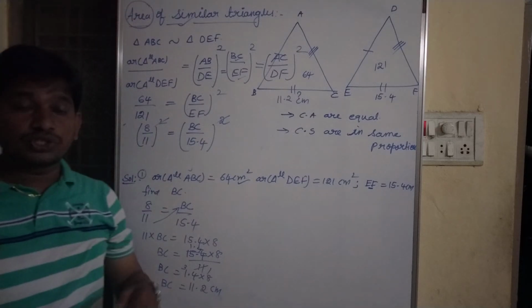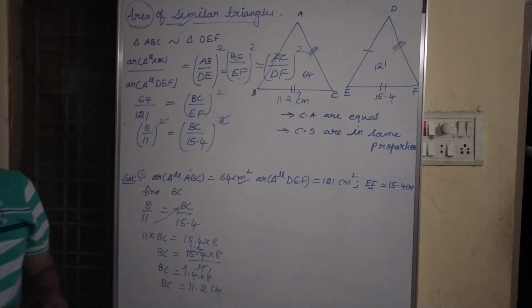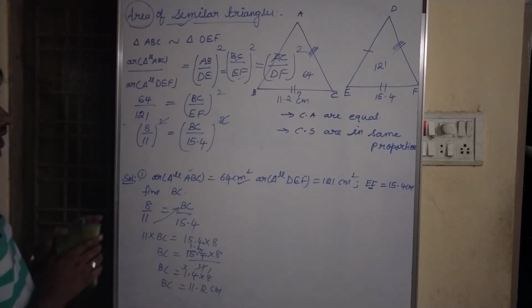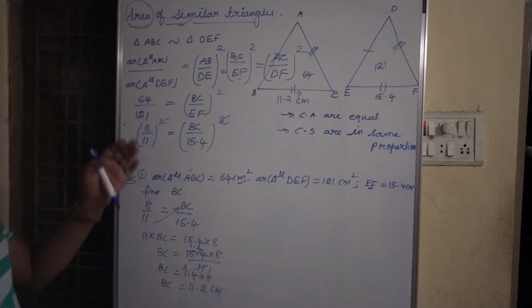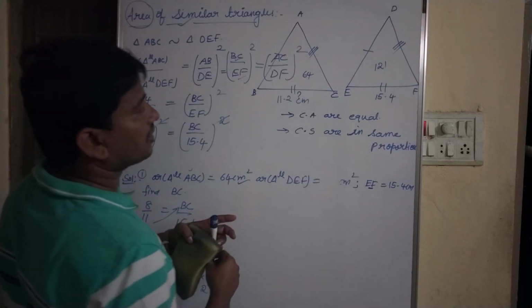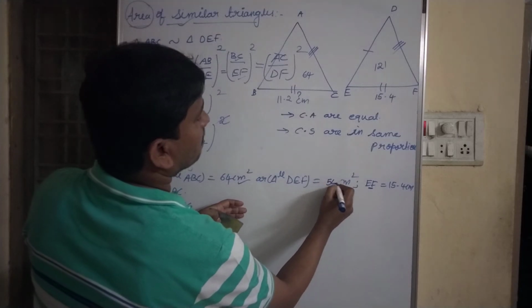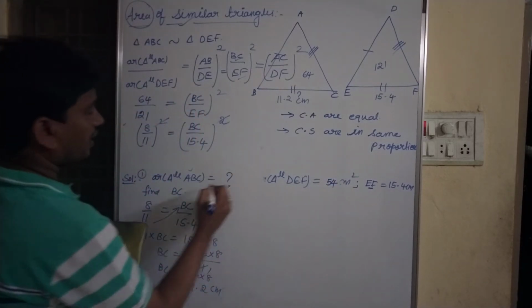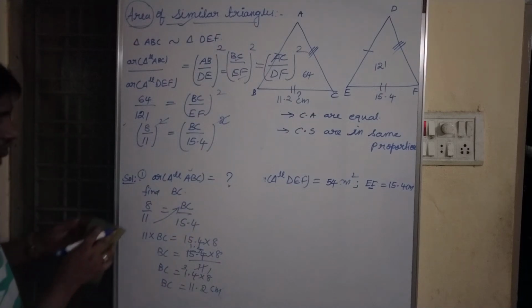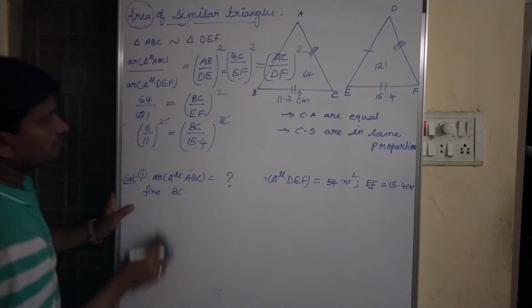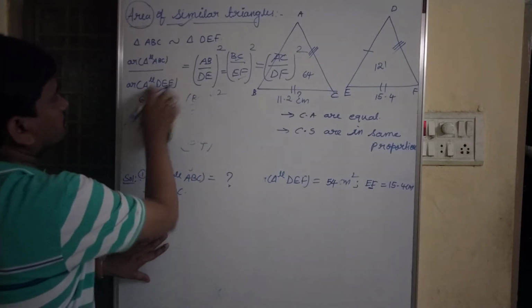How they will ask questions like this, right? Well, let us see one more question. For example, area of triangle DEF is given 54 centimeter square, and what is the area of triangle ABC? Find the area of triangle ABC.